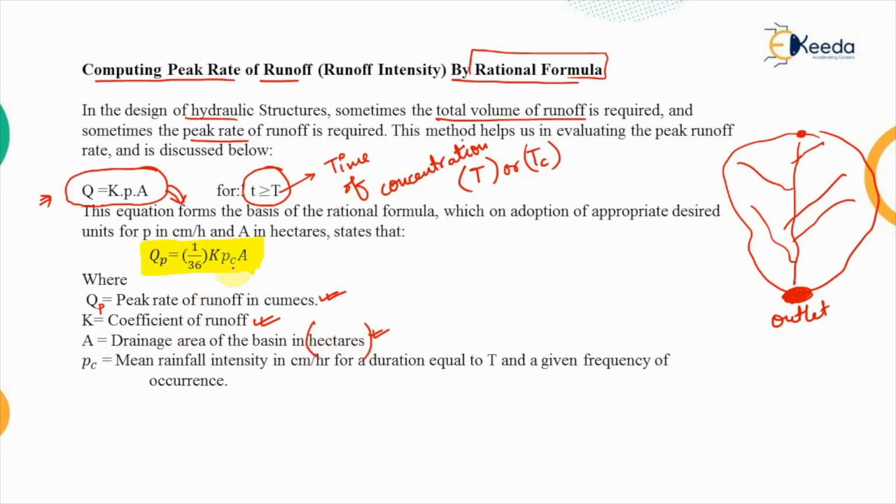Because this is an empirical relationship, you have to keep in mind the units of all the parameters. And PC is the mean rainfall intensity in centimeters per hour for a duration equal to capital T and for a given frequency of occurrence.